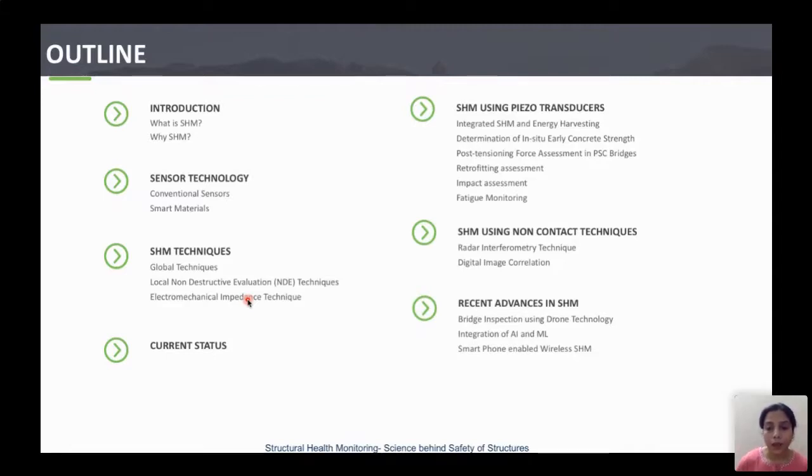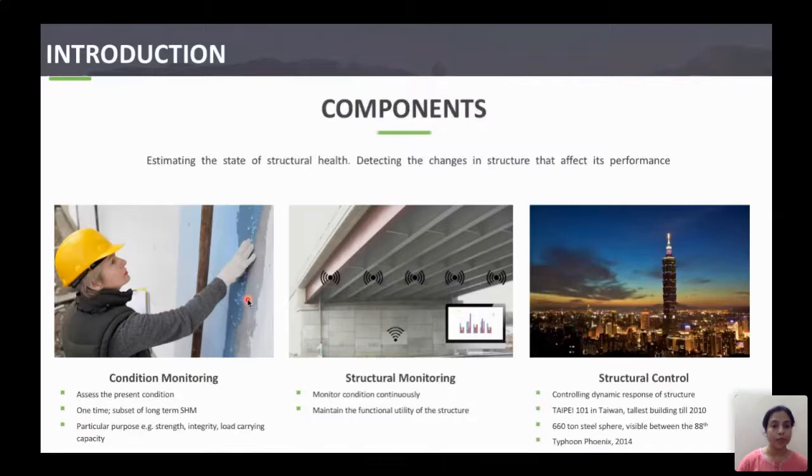We will here cover the drone technology, its integration with artificial intelligence, then smartphone-enabled wireless, etc. And finally, we'll wrap up the presentation with the challenges which have not allowed SHM to reach where it should have been till now. Okay, let's start.